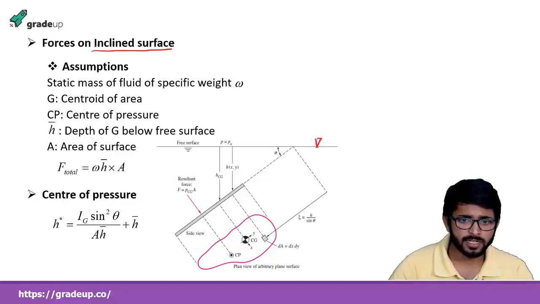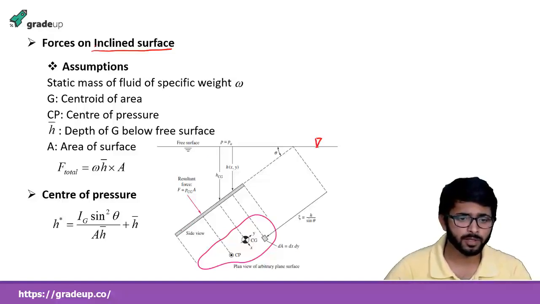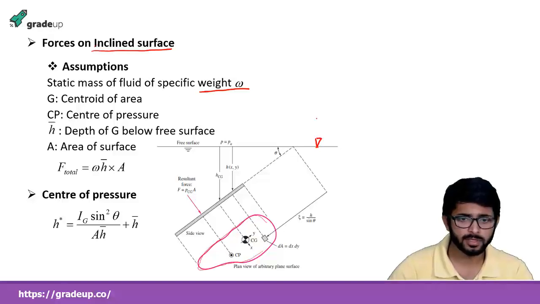Again, it is the free surface of the liquid. Take a body, say the specific weight of this body is omega. This is the body shown in the diagram, and this direction is y and this direction is x.